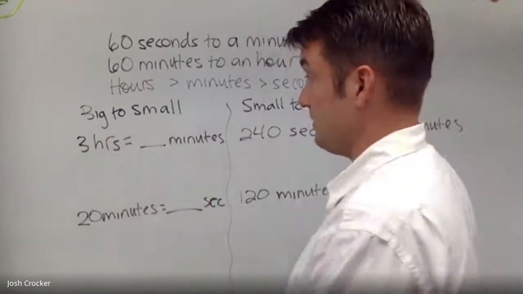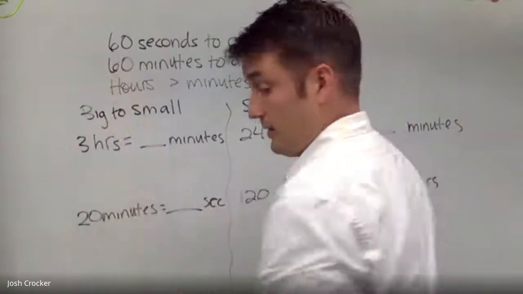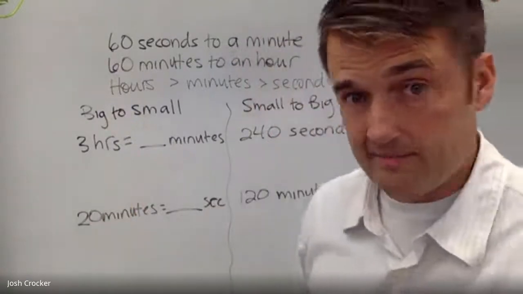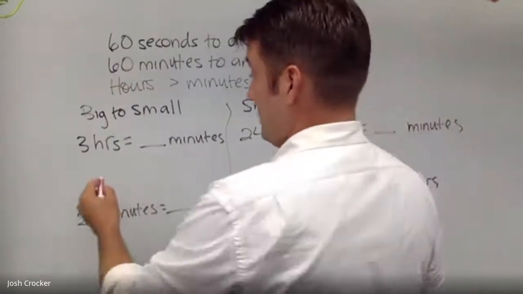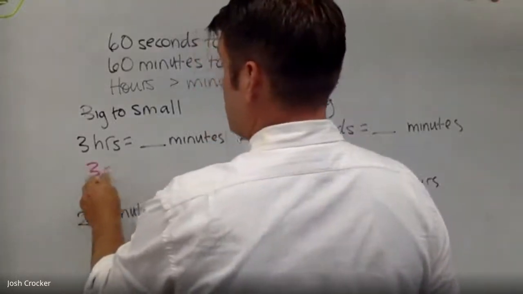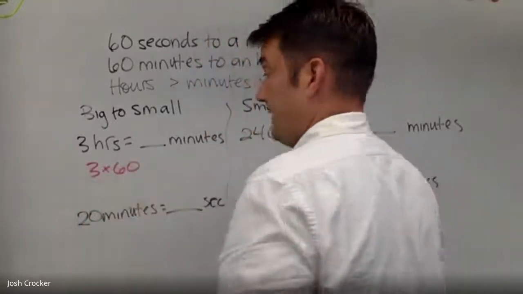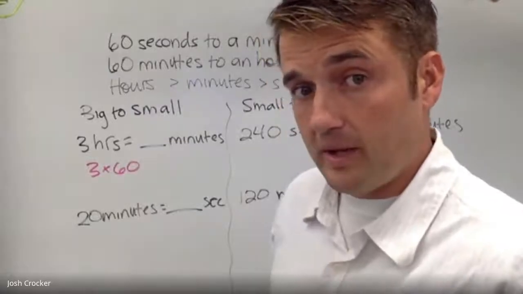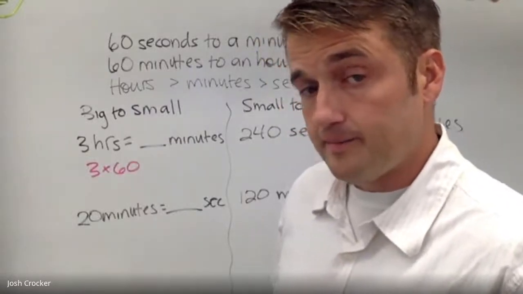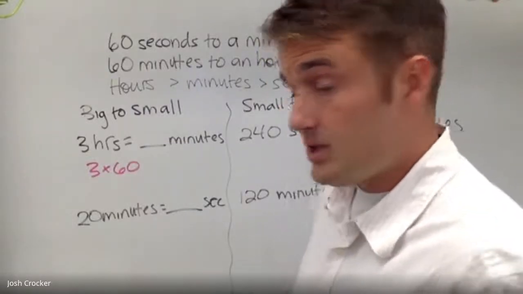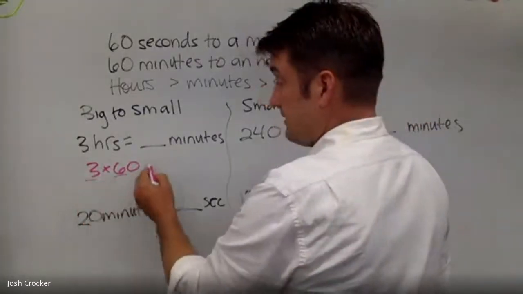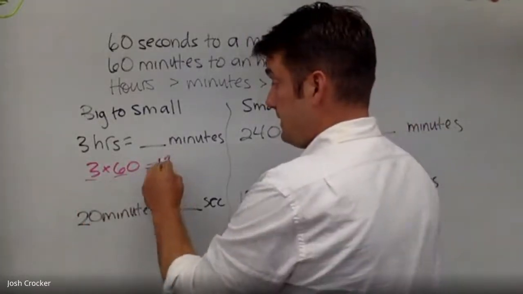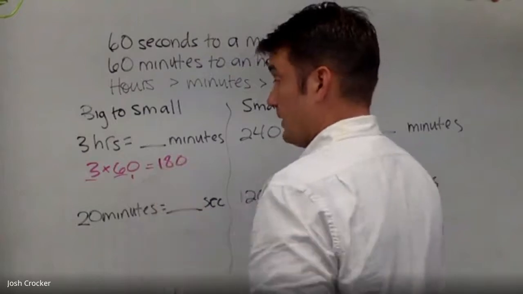So I'm going to be multiplying, and the number is 60. So it's just 3 times 60. And in case you're not used to multiplying by multiples of 10, it's really just the same as 3 times 6. So 3 times 6 is 18, and then I add that 0, 180.